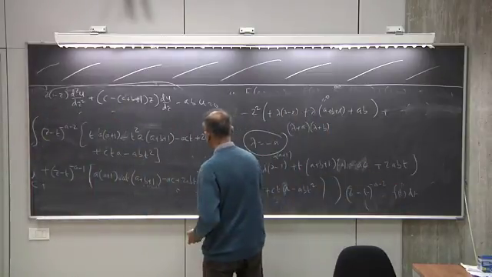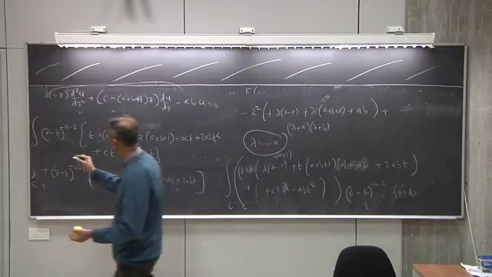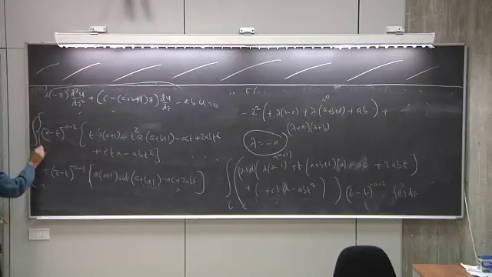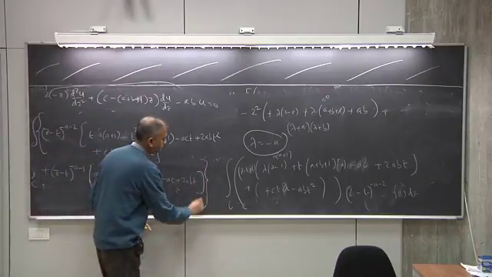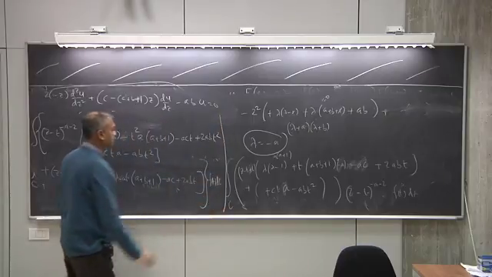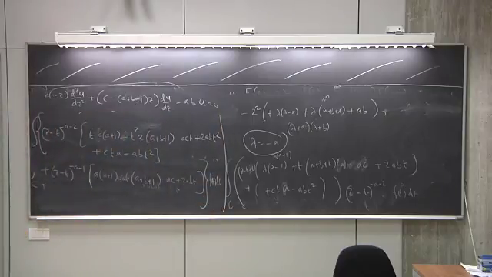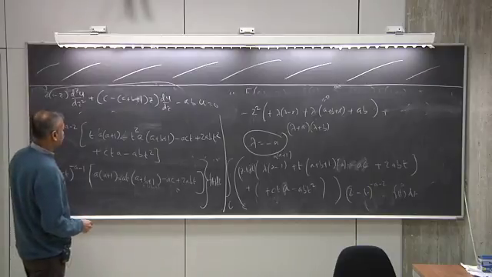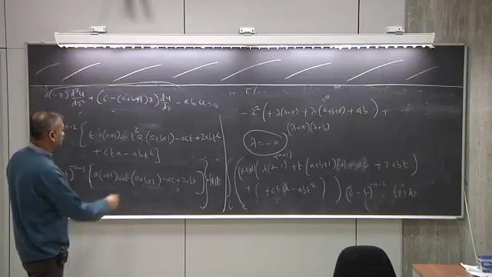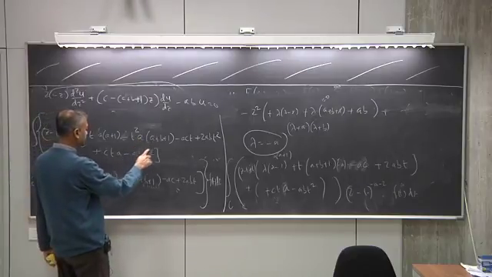This whole thing is still multiplying f of t. Okay, all that is there. Now, let's see if some simplification occurs here. Yeah, so, for example, here this ab term cancels, right?